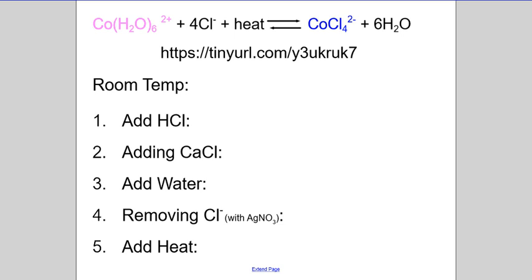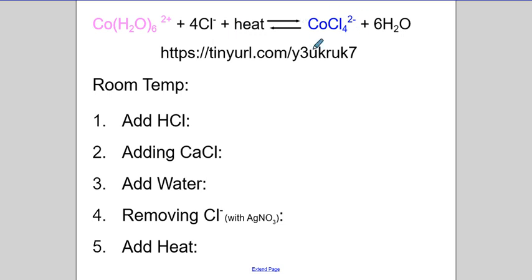All right. So I want to give you guys a good visual for this whole Le Chatelier's thing. So an actual reaction that does something, and you can see it shift back and forth. This is the reaction that works really well for this because on this side you have this chemical right here that is a nice pink color, and on this side you have this chemical right here that's a nice blue color.